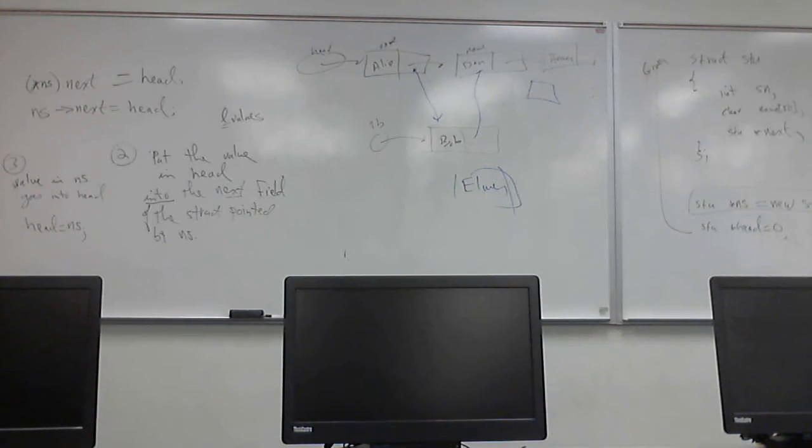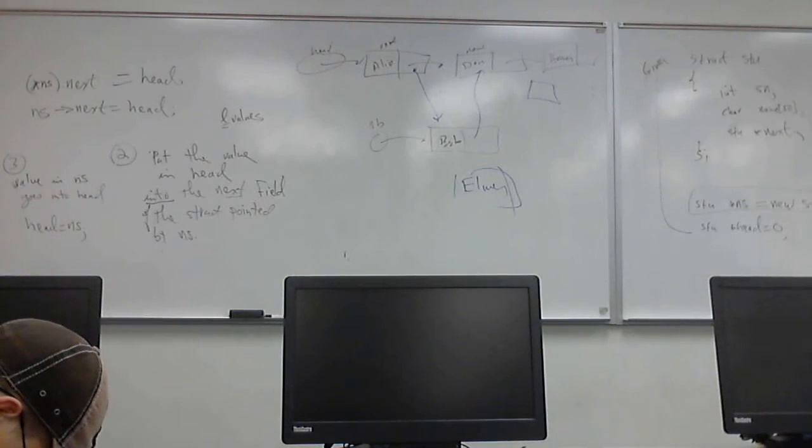What we need to do is go down the list. And so how do you go through a list? Here's what we're doing now. We want to do these two things here.